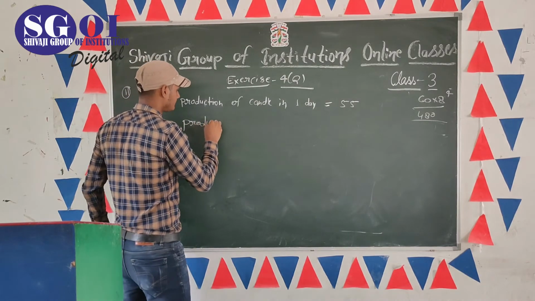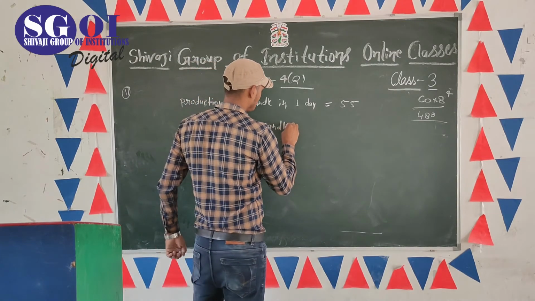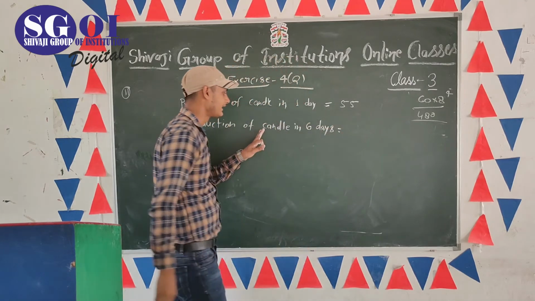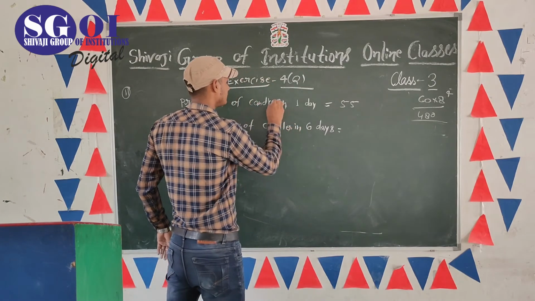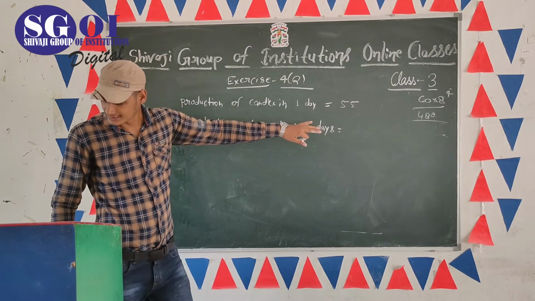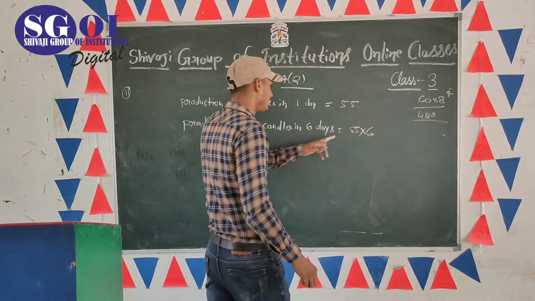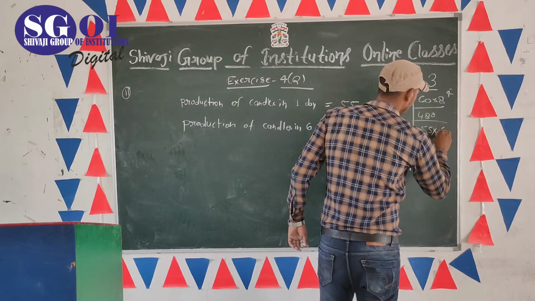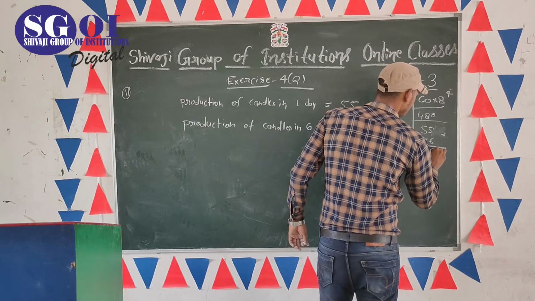Means production of candles in 6 days. Production of candles in 1 day is equal to 55. Production of candles in 6 days is equal to 55 multiplied by 6. 6 5s are 30.